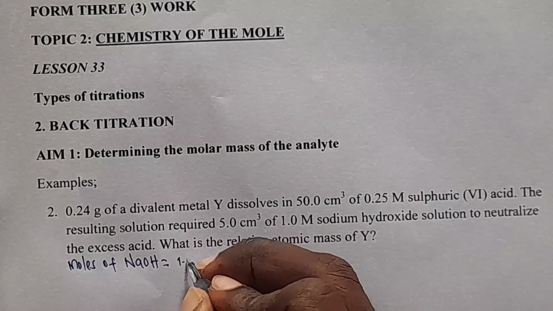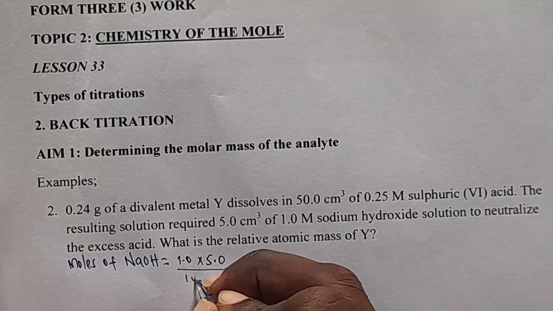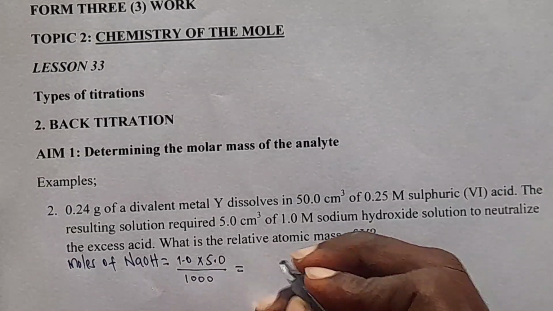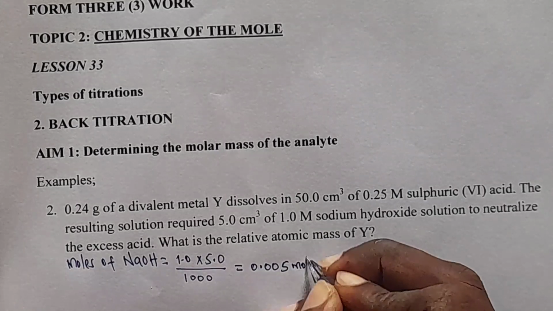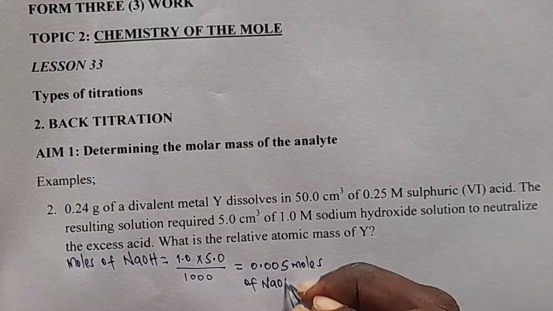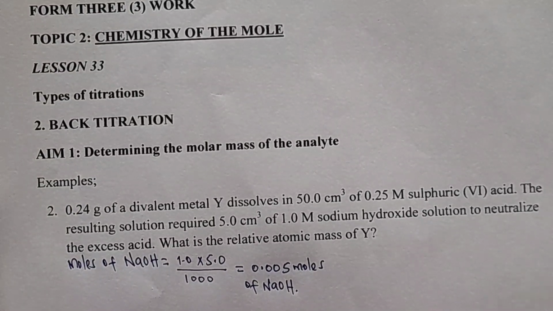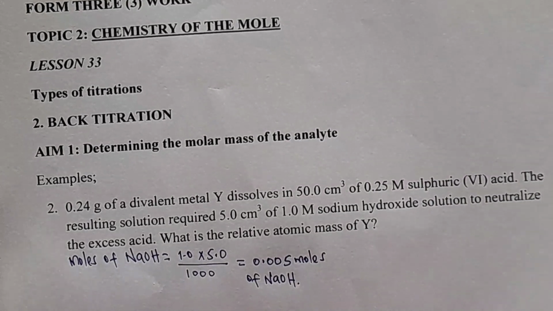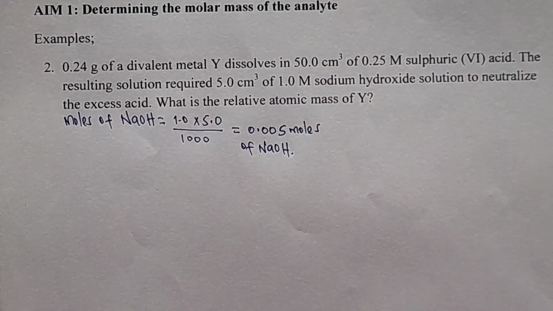So this will be 1.0 multiplied by 5.0, then divided by 1000. So we are going to get 0.005 moles of sodium hydroxide. This is the number of moles of the sodium hydroxide that has been neutralized by the excess sulfuric acid.